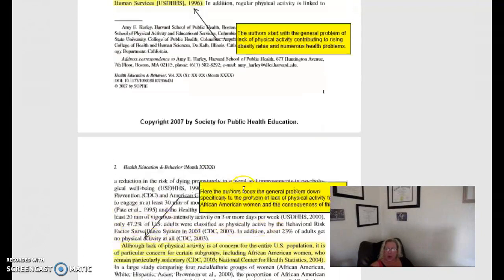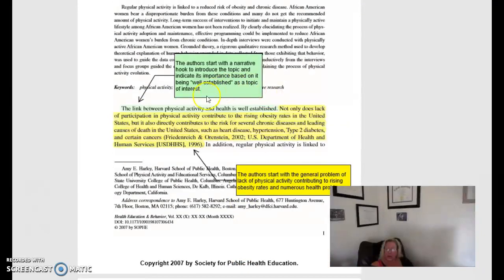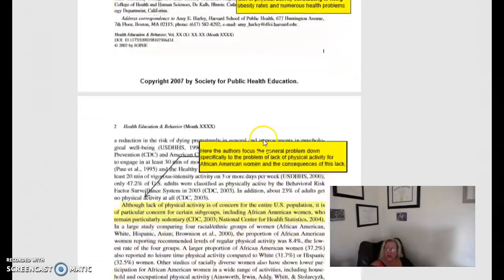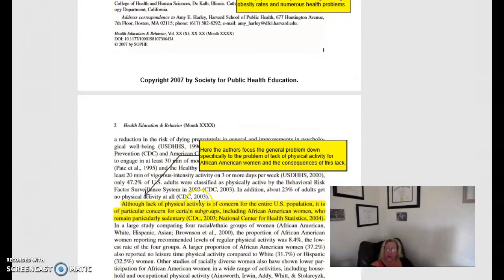So up here at the top, where they were talking about physical activity, they're talking about the whole United States. That's very broad. We want to narrow that down, and that's what they've done here. It says, although lack of physical activity is of concern for the entire U.S. population, it is of particular concern for a certain subgroup, including African American women who remain particularly sedentary.